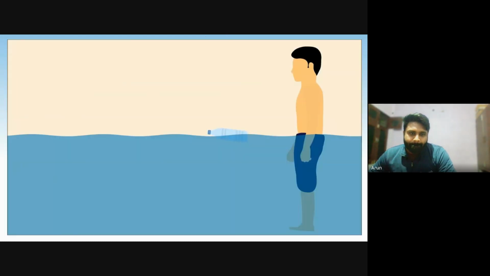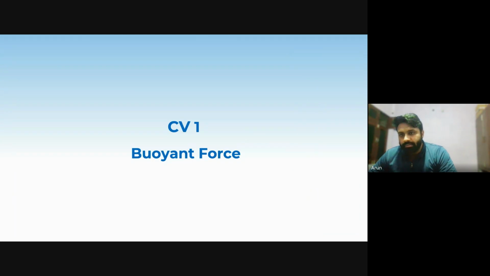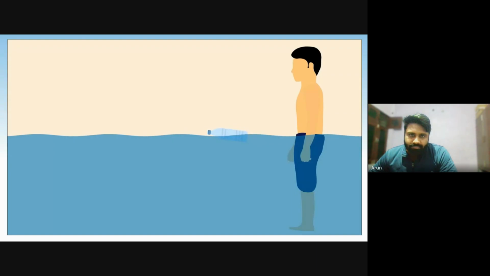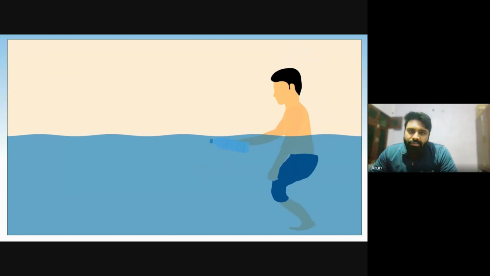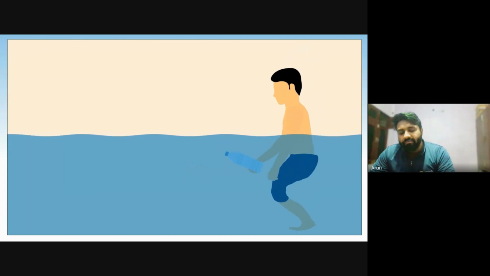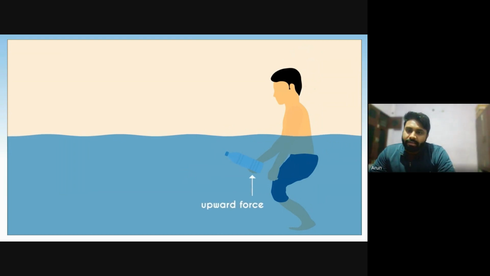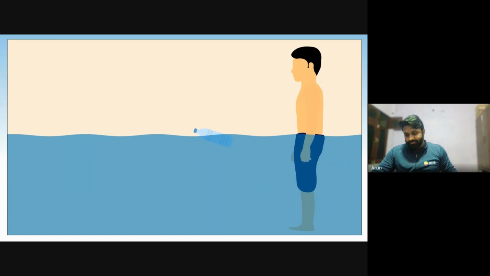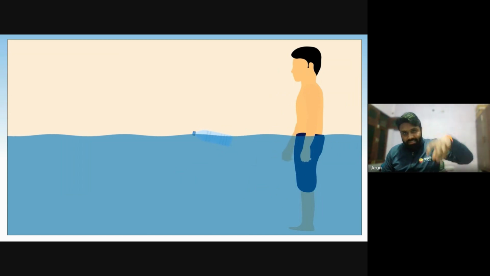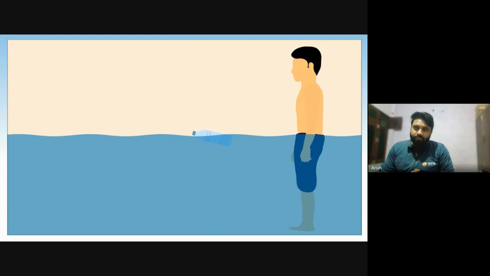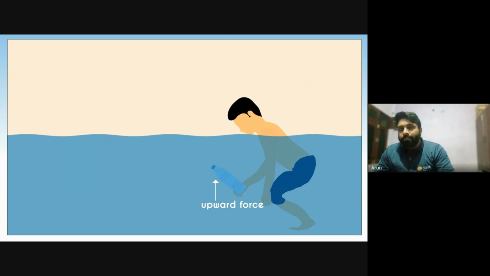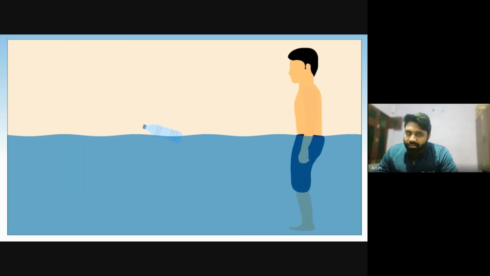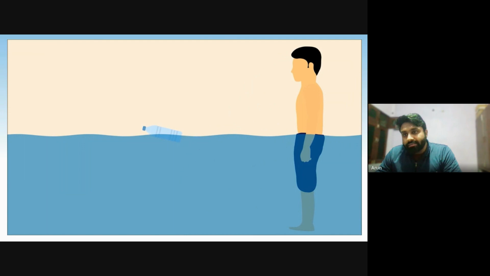Now the buoyant force we are talking about. Now, what is a buoyant force? See in this example, you will generally observe that when you put a bottle inside the water, it will float on the surface of the water. Some crazy minds will sink that bottle in the water and leave it there. But what will happen? The bottle will come up. You will see how this is happening.